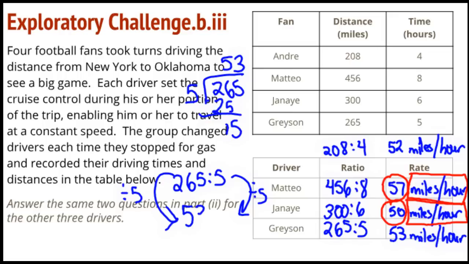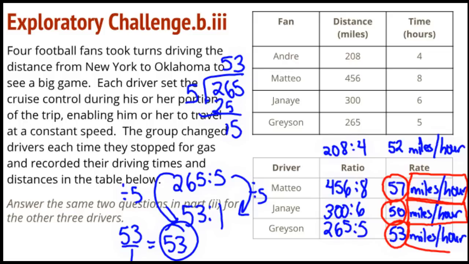So here's my 53 to 1 ratio. 53 to 1 has a ratio of 53 over 1, which is the same as 53. This 53 becomes the unit rate. The miles per hour is the rate unit. And all together, 53 miles per hour is a rate.